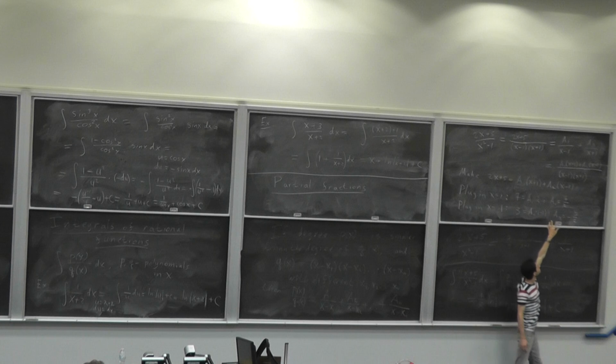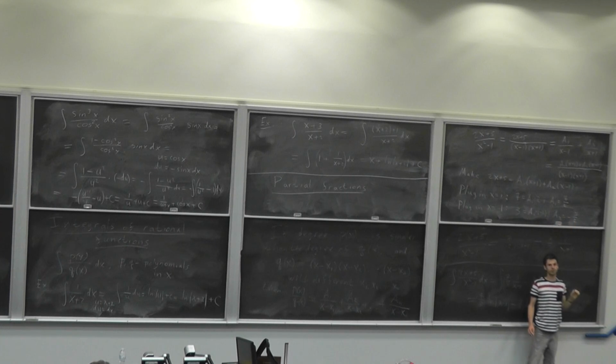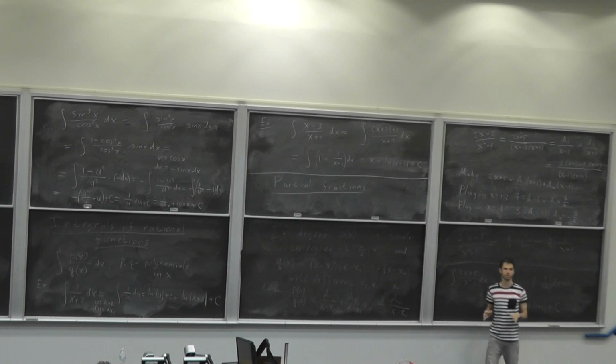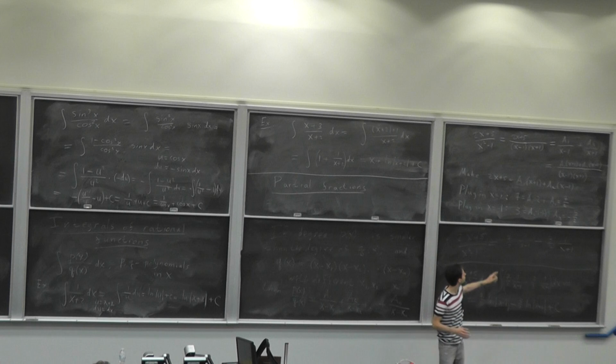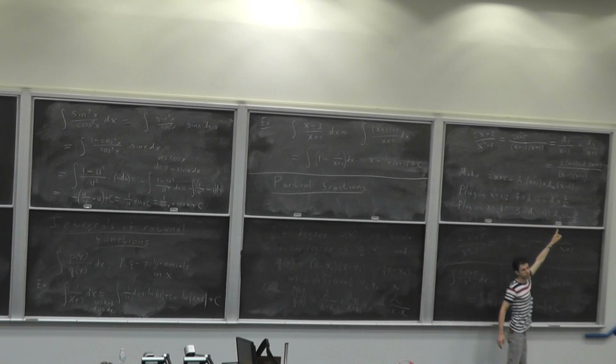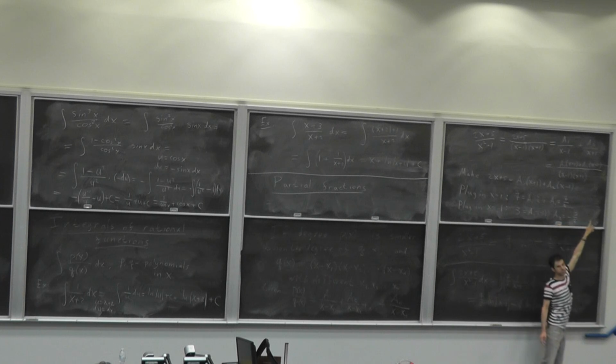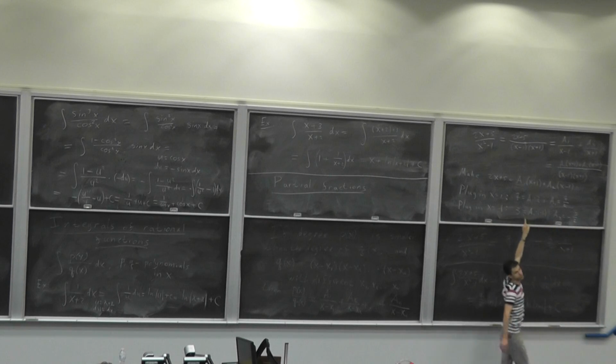Once you have the factors, write this expression with unknown a1, a2, a3, and so on. As many a's as there are factors. You still don't know what those a's are. To find those, bring this new fraction to common denominator, and try to equate the numerator of this expression to the numerator of the original.